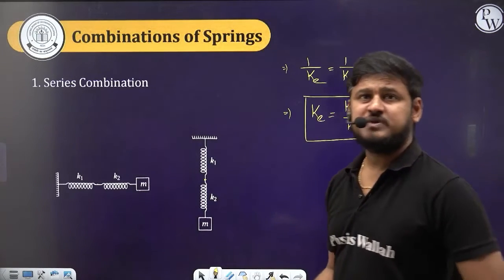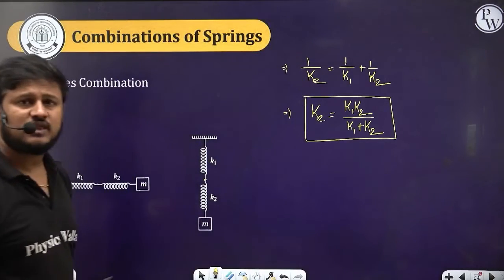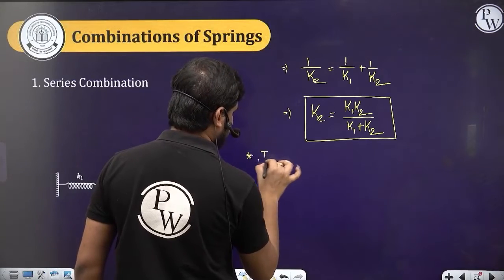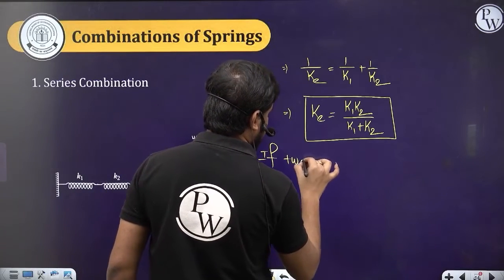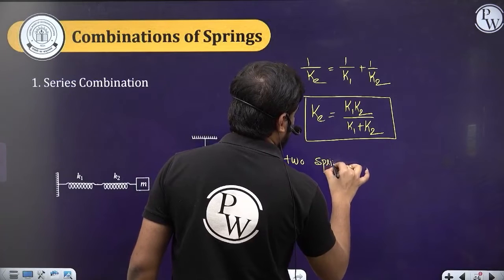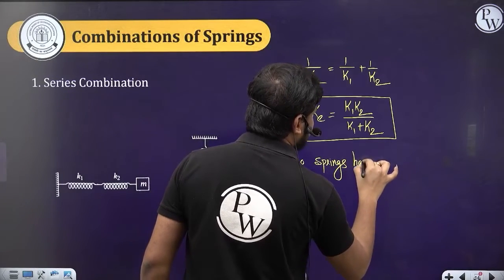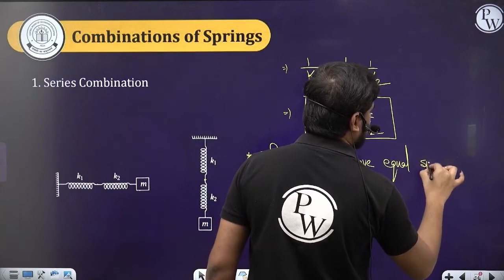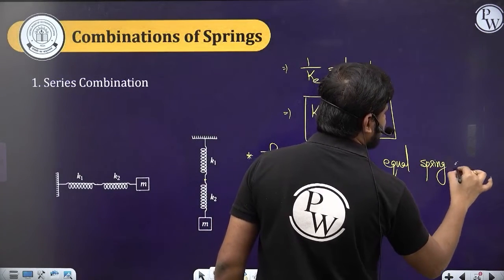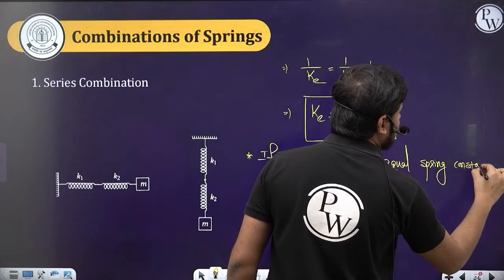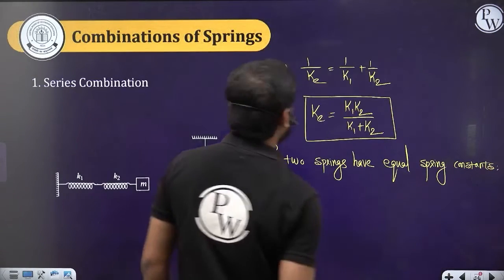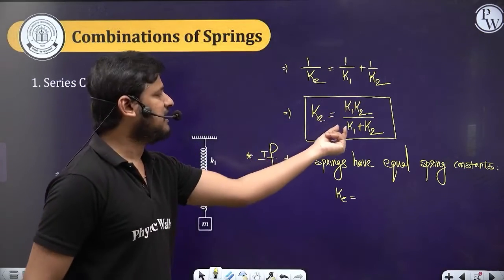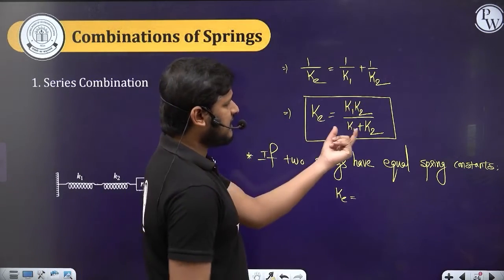So if the two springs have equal spring constants, then I can write the K equivalent will be equal to K into K by K plus K, K square by 2K.